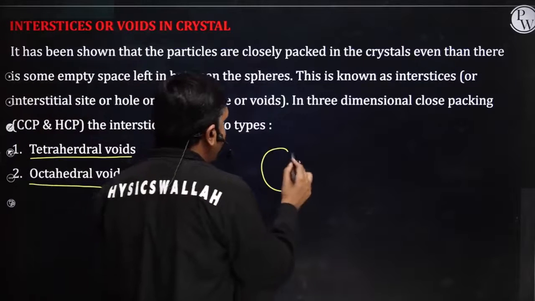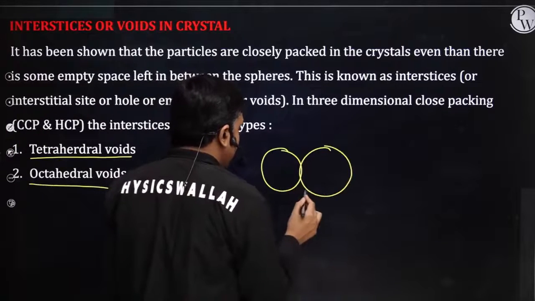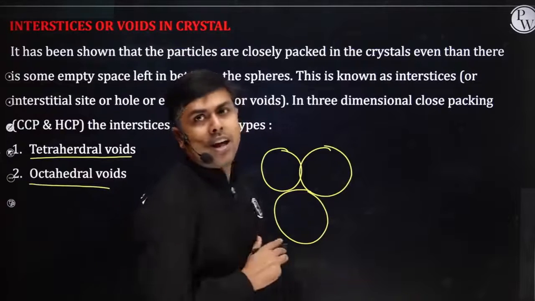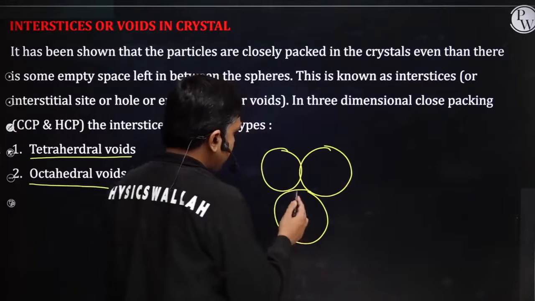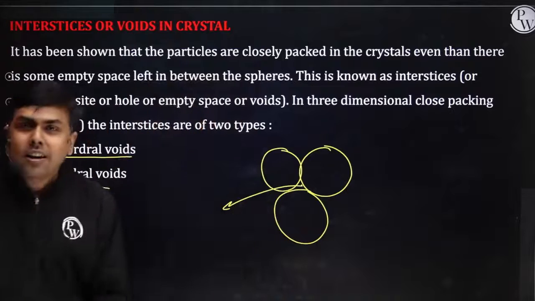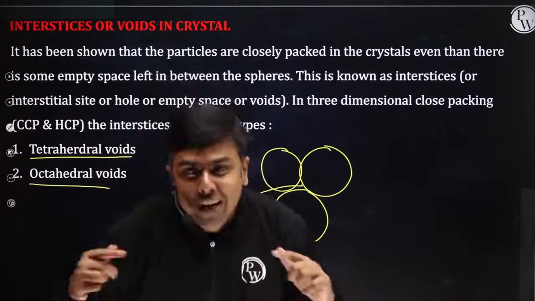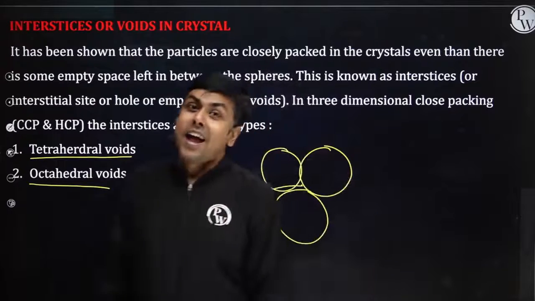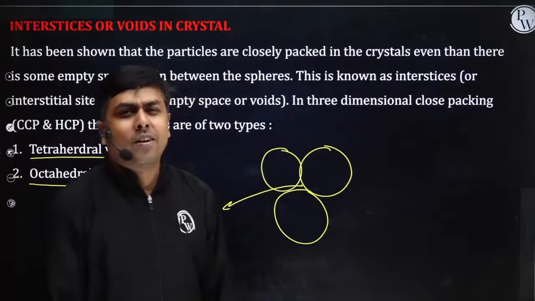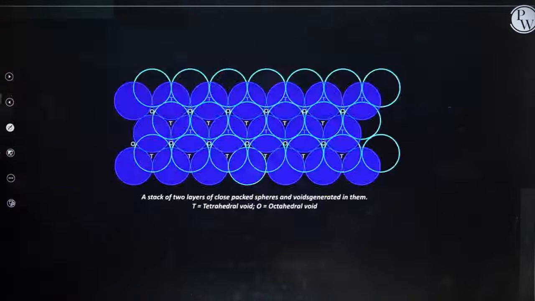How is a triangular void formed? It's simply formed like this: 3 spheres touching each other and forming a triangular pattern. Here the void we are getting is a triangular void. Students, now we have to understand how we get a tetrahedral void and how we get an octahedral void. Let's try to understand.